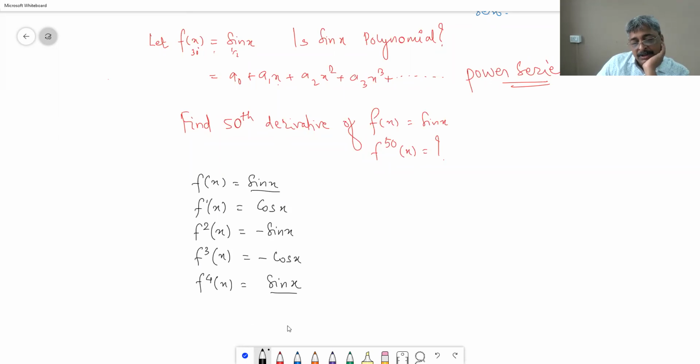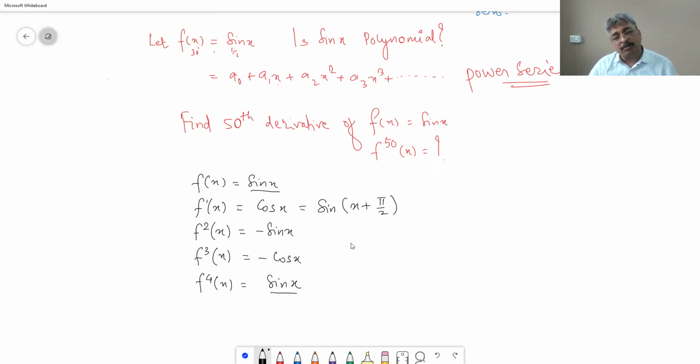And therefore, you are messing up because you are unnecessarily recognizing the pattern and messing up with it. Instead, what I can suggest is you can consider this cos x as sin of x plus pi by 2.